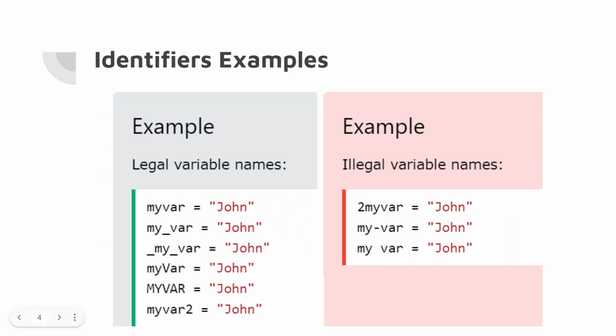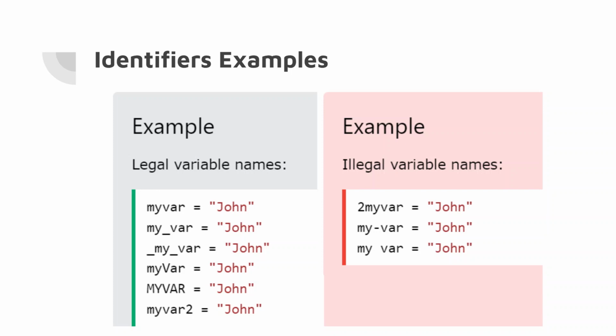So these are some examples. myvar, my_variable, _john, you can start with the underscore, and you can use capital letters, right? And you can use numeric characters, but not at the start. So it will work. These are all legal variable names or identifier names.